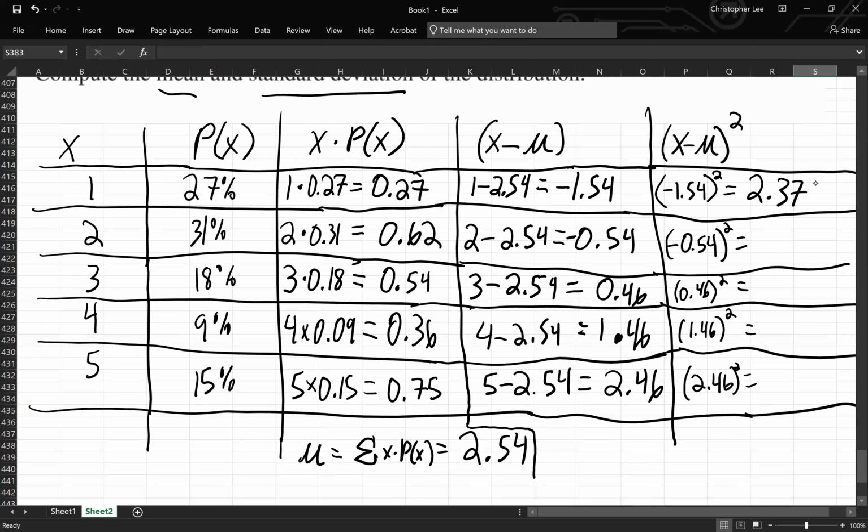2.3716. Okay, what's the next one? No rounding. 0.2916.